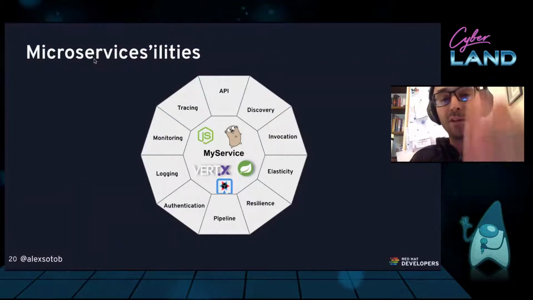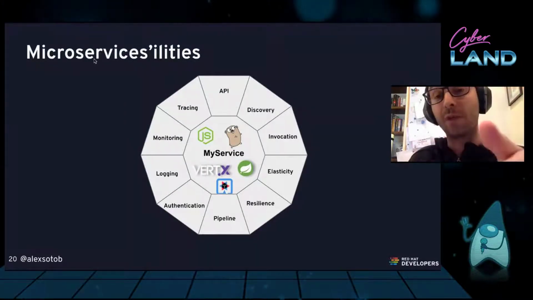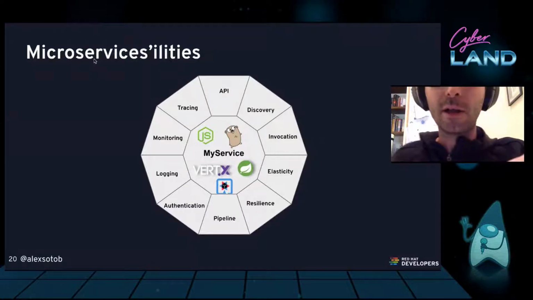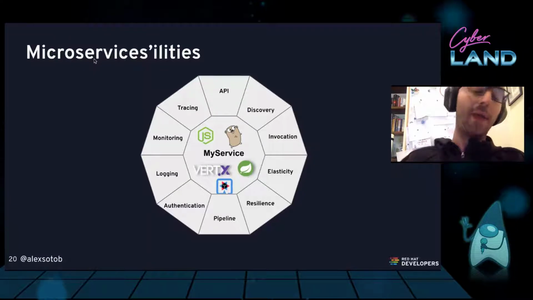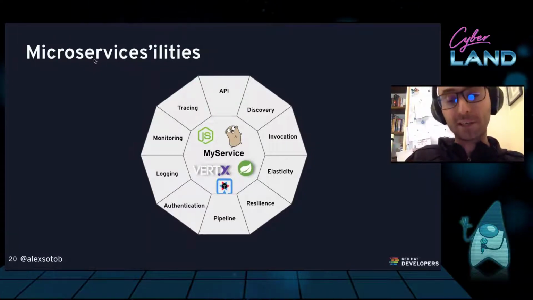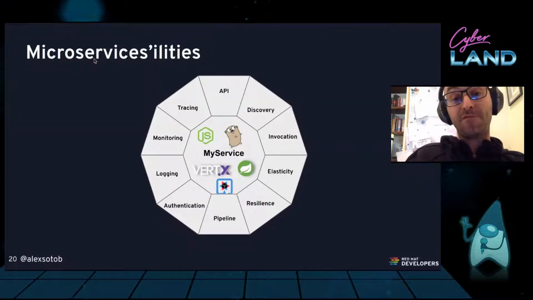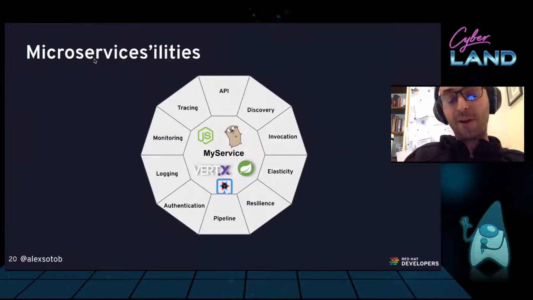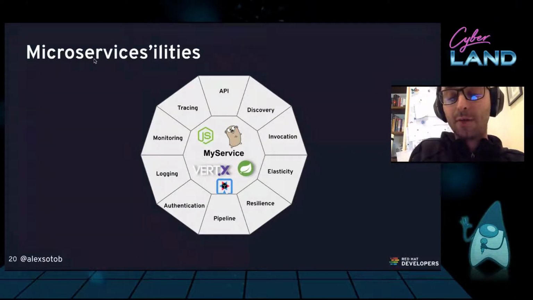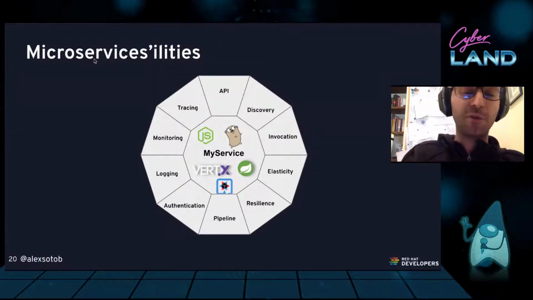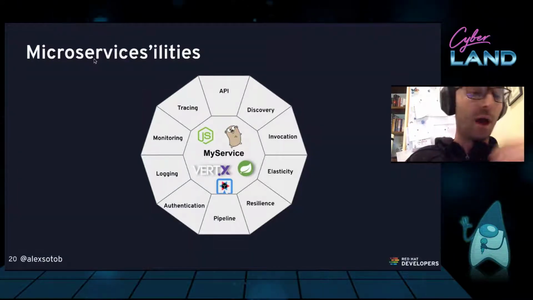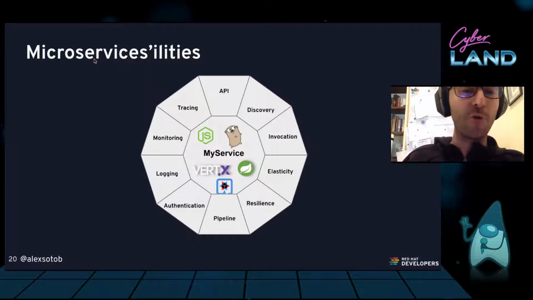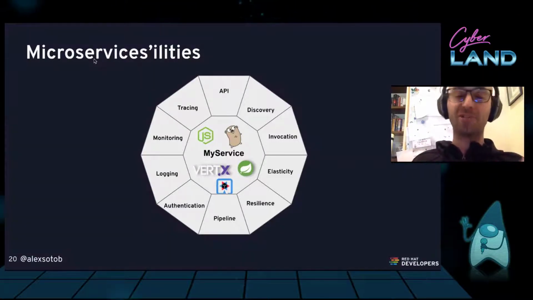For example, we need to define an API, a way to discover other services, how to invoke other services, the concept of elasticity to scale up and scale down, the concept of resilience, what happens if one service goes down, defining a pipeline to deploy your services, the authentication problems, how we authenticate between services, how we log, how we monitor, how we trace all the things that are happening inside our mesh.